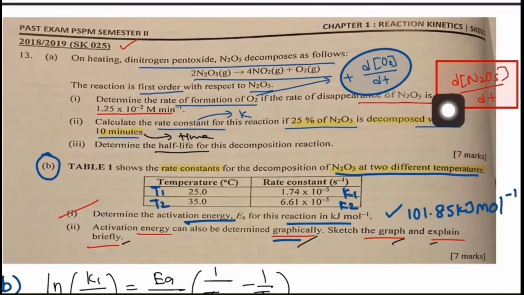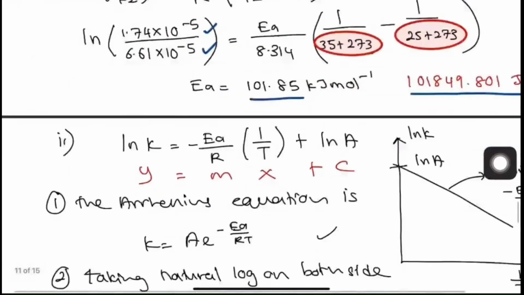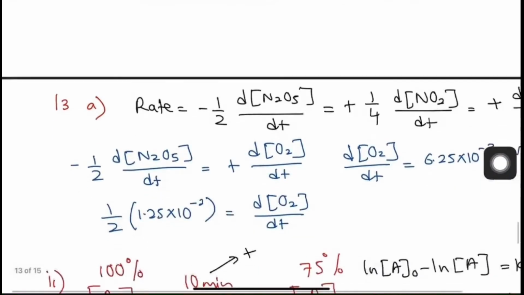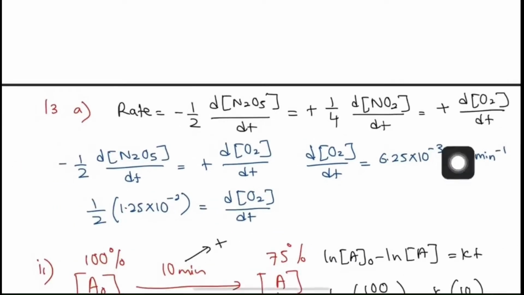So now these two species, where do you find these two species? You would find them in the differential rate equation. So the first thing to answer this question would be to write your differential rate equation. So how do you write your differential equation? Rate equals to negative for the reactant, and the stoichiometry must be 1 over 2.